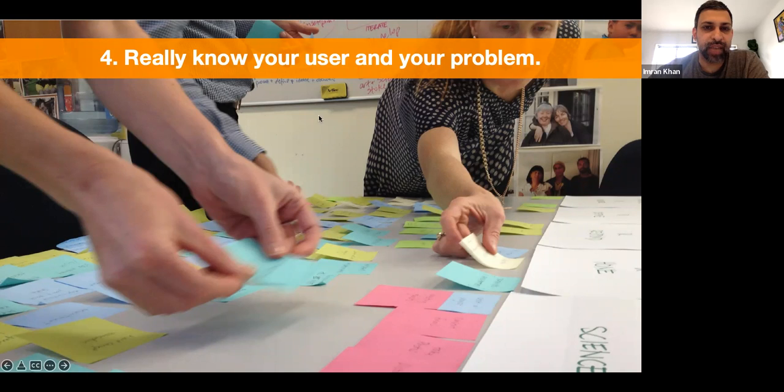Okay, and then we get to this idea of always keeping in mind your user and your problem. So keeping in mind who will actually be the end user of your analysis, who will be the end audience of your analysis, who's going to use your fancy machine learning model that you created from the open data set that you were able to curate. Keeping in mind the end user is a really, really important consideration.